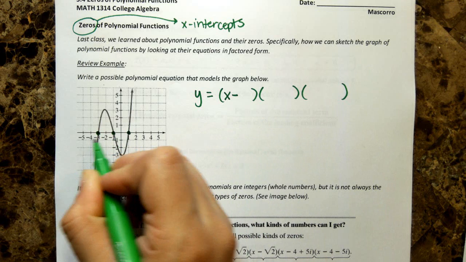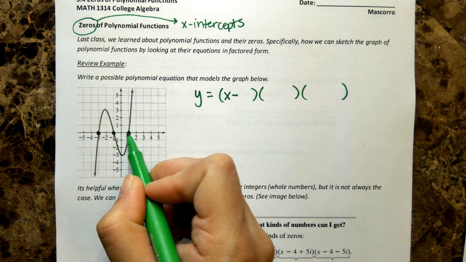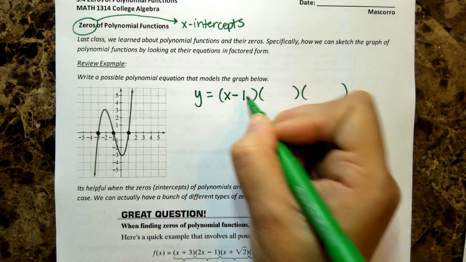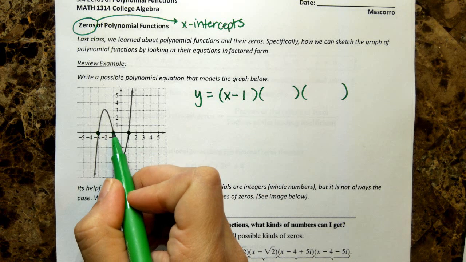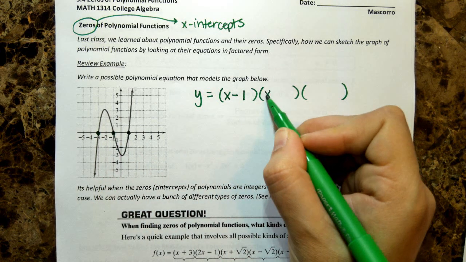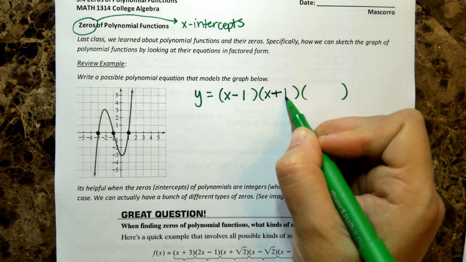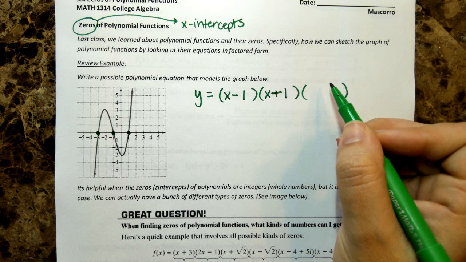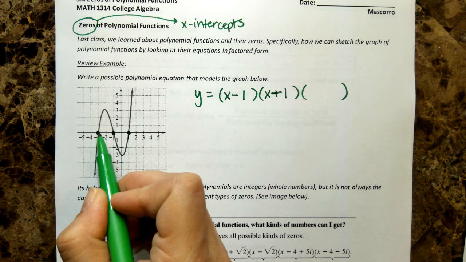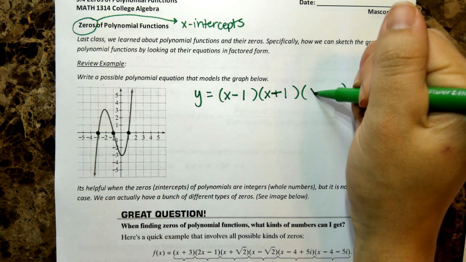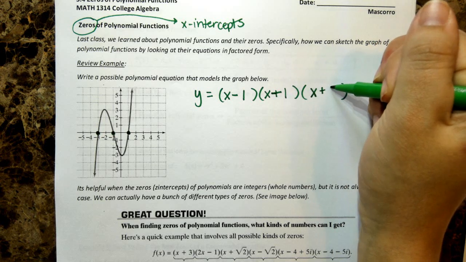It doesn't matter which x-intercept you start with. I'll start with this one. This one's 1, so it'll be x minus 1. This second x-intercept is -1, so it'll be x minus -1, which would just turn to a positive 1, so I'll just put +1. And this last x-intercept is -3, so it'll be x minus -3, which would just become x plus 3.